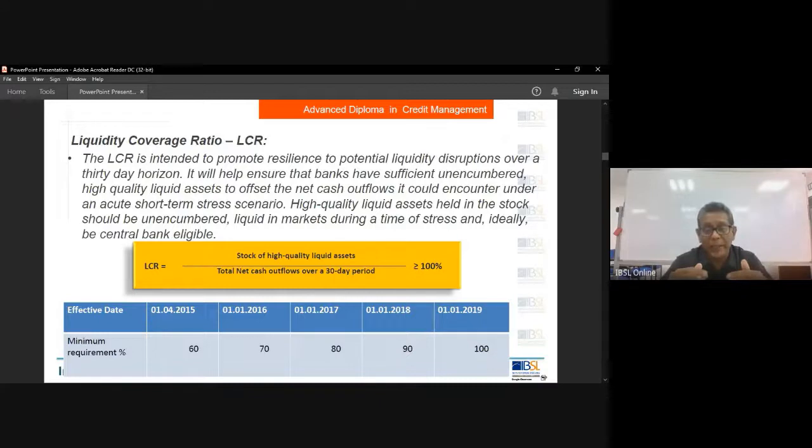So you need to maintain that. It was introduced in 2015 on staggered basis. From 2019, it's supposed to maintain 100%, but due to this COVID-19 situation, this liquidity coverage ratio has come down to 90%. So they have reduced to 90% from 100% regulatory requirement, that excess 10% also can be granted as credits, right? That is the main reason.